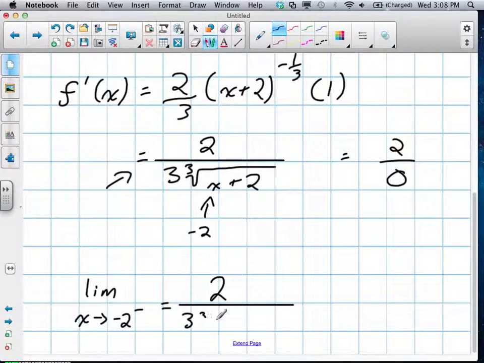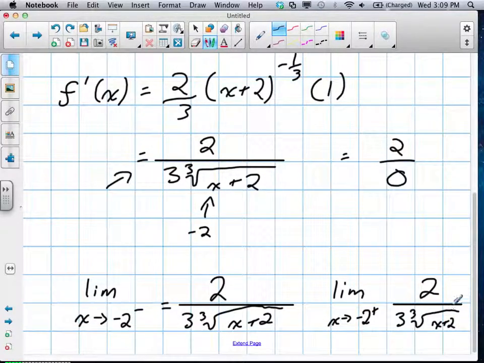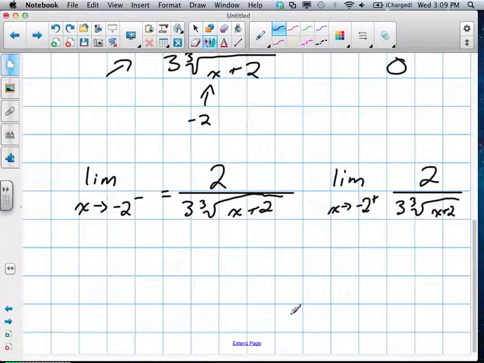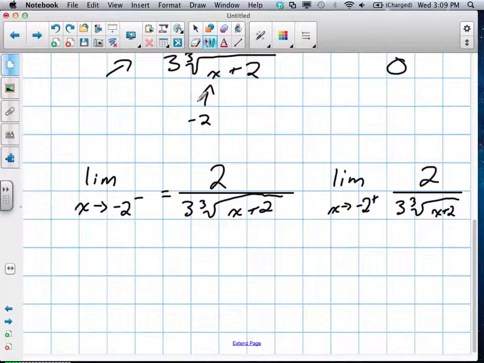Now we're not going to plug it into the derivative function, but I just want you to think of this idea as x approaches -2 from the left, and as x approaches -2 from the right, same function. Remember we had 2 over 3 times the cube root of (x + 2). Now we have this function here, and we approach it from the left.